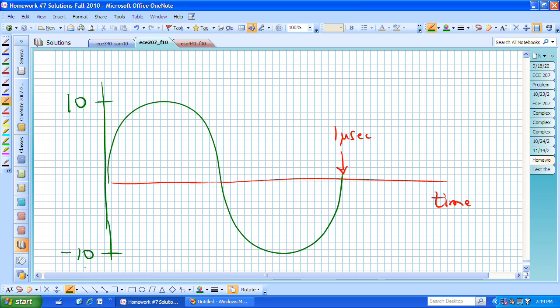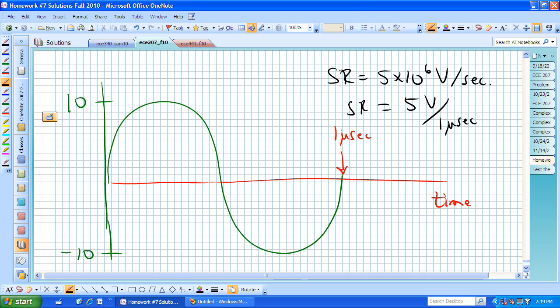And what we have to remember, though, is that our slew rate was this 5 times 10 to the 6 volts per second, or 5 volts over 1 microsecond, which says that we would get to halfway up here if we kept going in the positive direction in 1 microsecond. We would get to a value of 5 volts. But we're not getting there, are we?